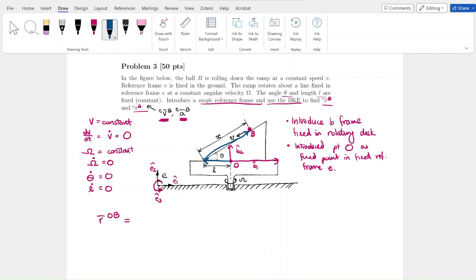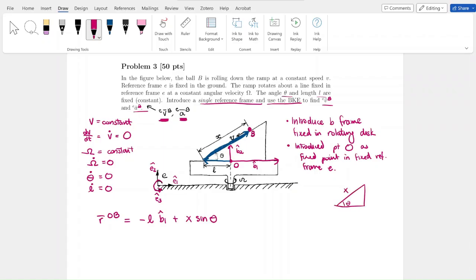So that means you go negative L along the B1 hat direction, and then you go up X. Okay, so this is a tricky part. So what is this vector right here? You're going up by X sine theta, right? So this is our triangle. This is theta.